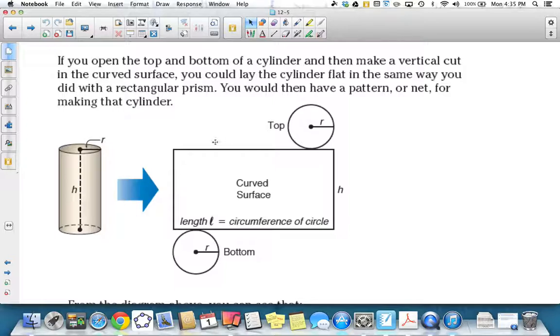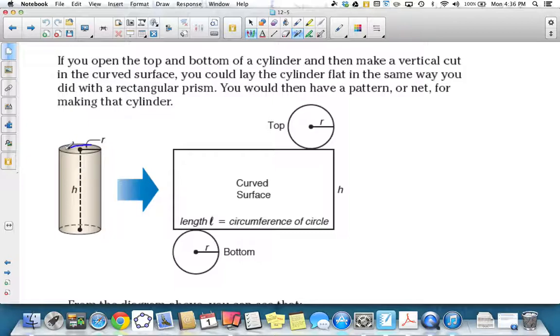You have your cylinder opened up as a net, and you have these two circles as the top and bottom of your cylinder, and your rectangle as the flat surface. If I open this up and cut this up and lay it flat, it will look like a rectangle, where the width of my rectangle will be the height of my cylinder, and the length of my rectangle will be the circumference of my circle.